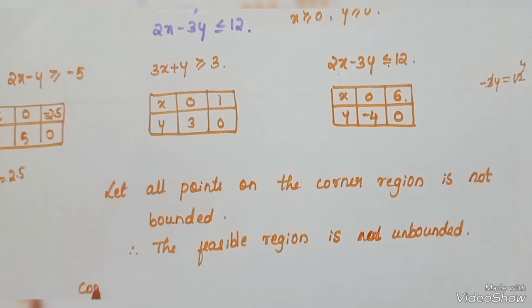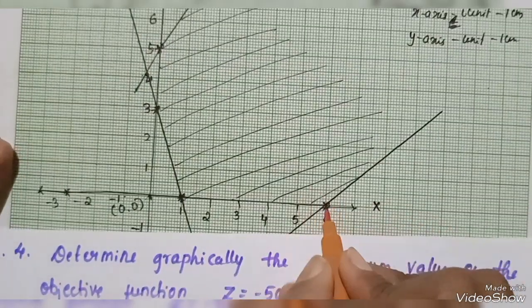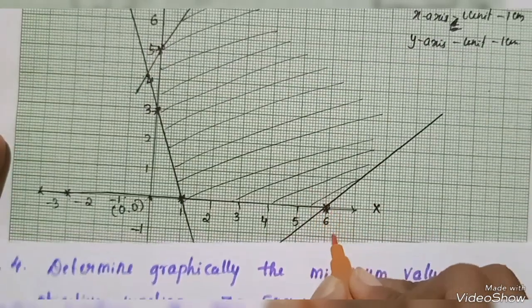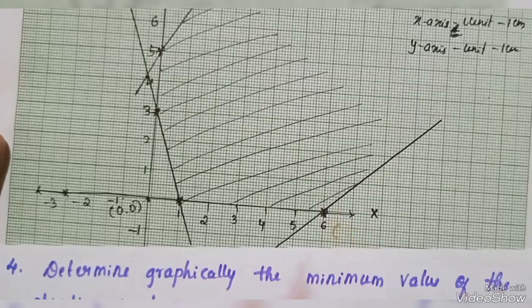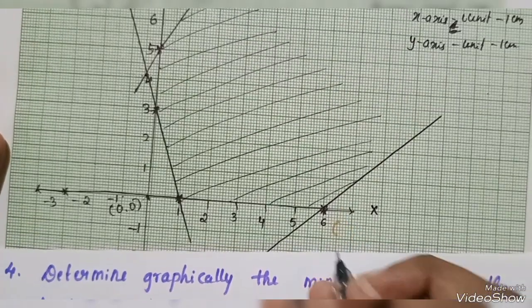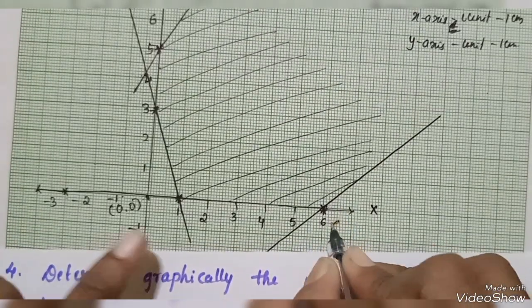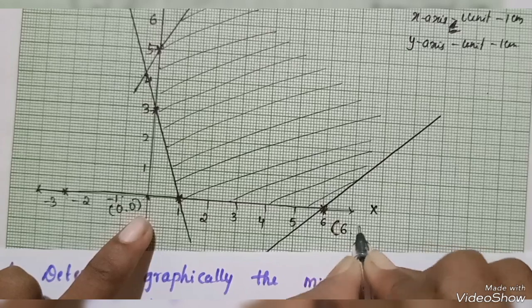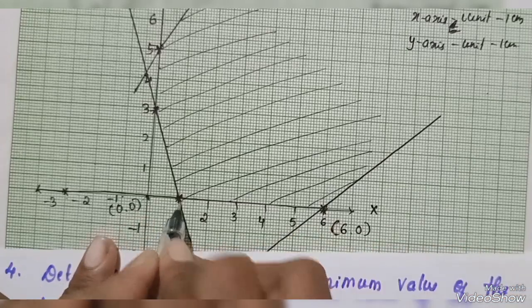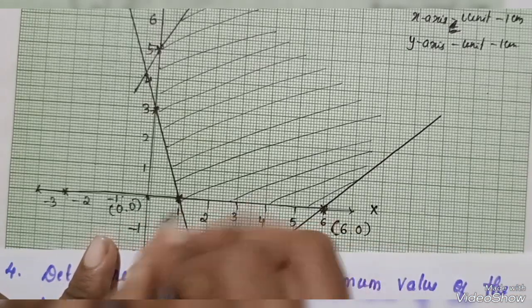What are the corner points here? I am taking the corner points. On the x axis, x is 6, y is 0.